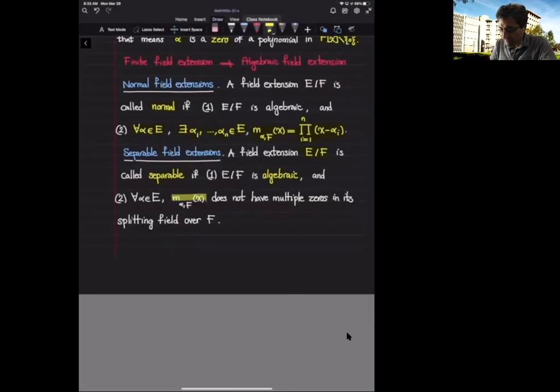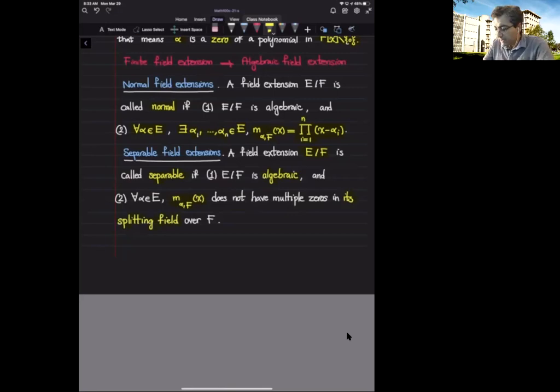So every minimal polynomial is a separable polynomial. That was the definition of a separable polynomial. A polynomial is called a separable polynomial if all of its irreducible factors do not have multiple zeros in their splitting fields. If that holds, then we call this field extension a separable field extension.